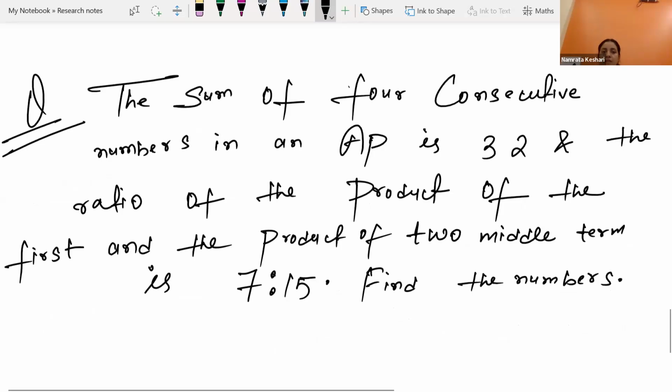Yes, ma'am. Okay, so here the question says that the sum of four consecutive numbers which are in AP is 32. And the ratio of the product of the first and the product of the two middle terms is 7:15. I think I missed something over here.